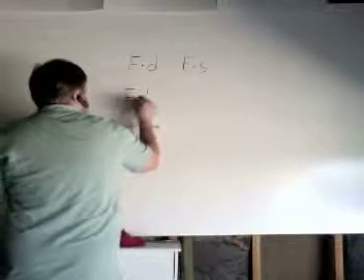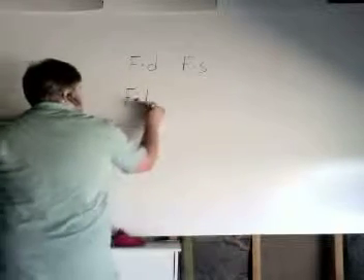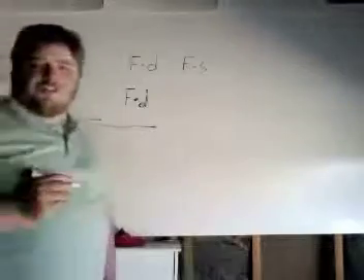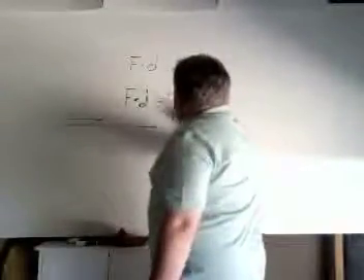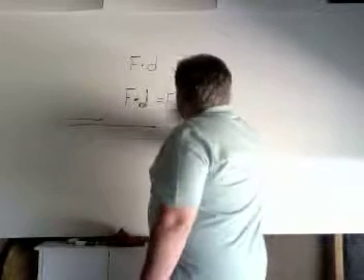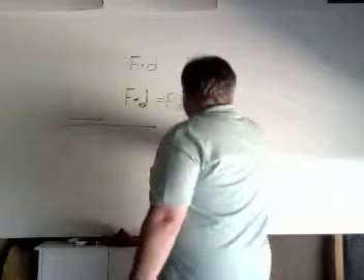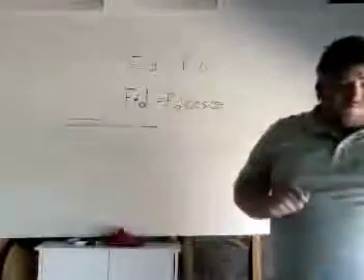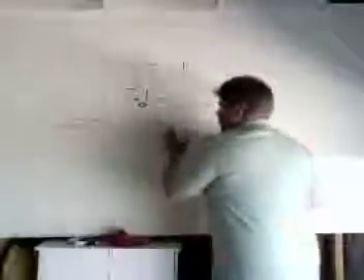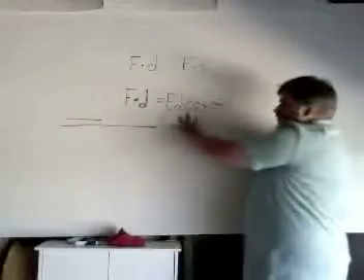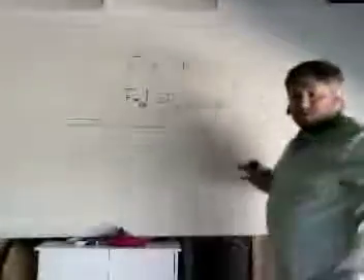So the generalized term for that is, let's say, force dotted with displacement equals force times displacement times cosine theta. Cool? So that means if you're pushing in the same direction, that turns into 1 and you do your maximum amount of possible work.